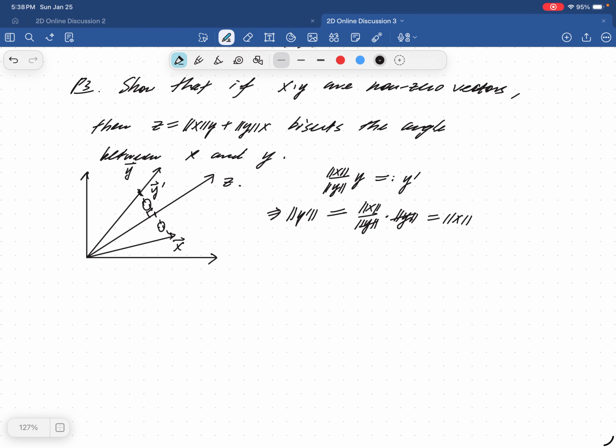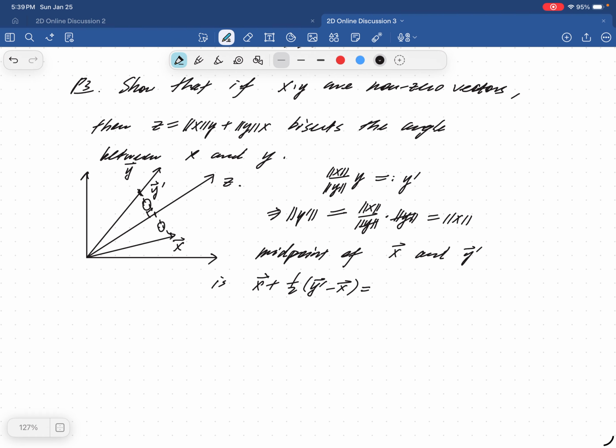So now we have vectors x and y prime. How can I find the middle point? So the middle point of x and y prime is just x plus 1/2 of y prime minus x.